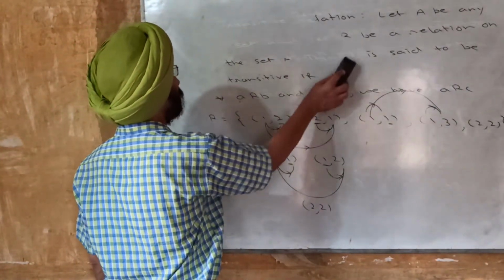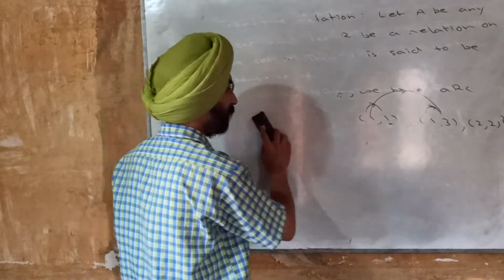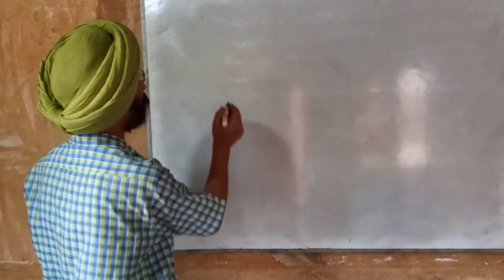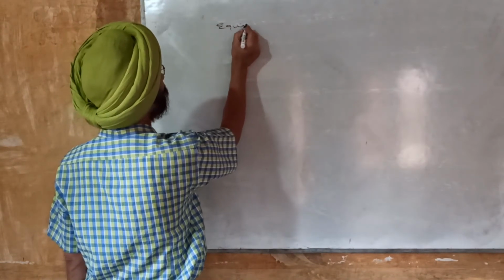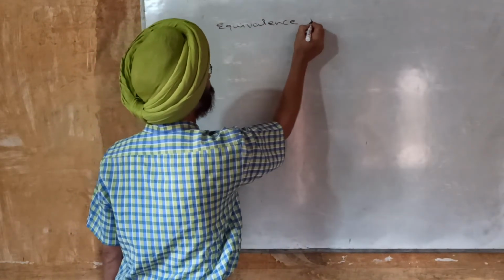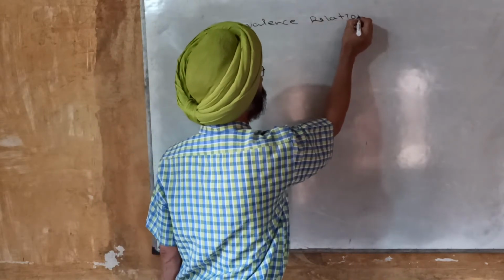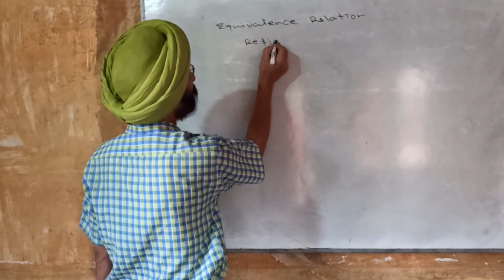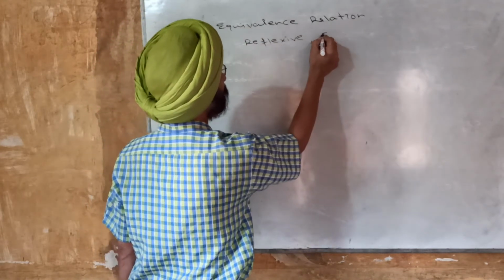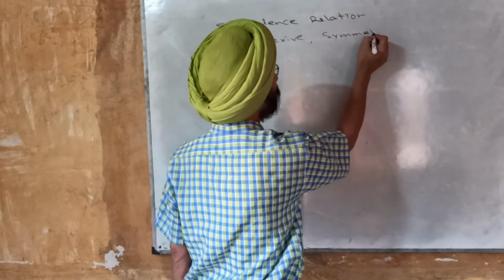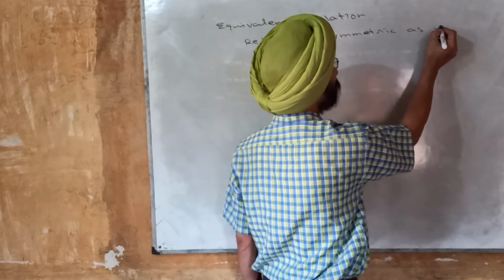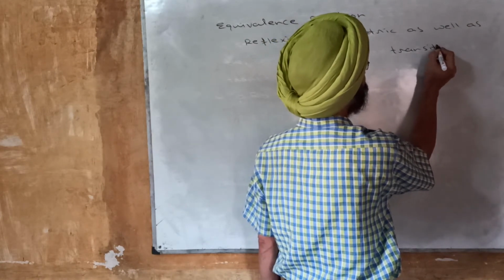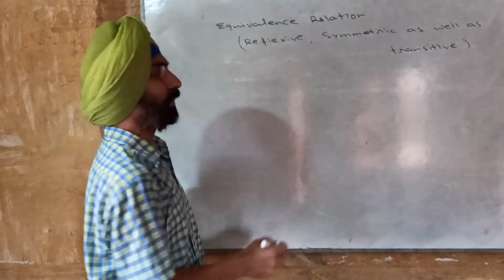Another important definition is here, the definition of equivalence relation. What is an equivalence relation? A relation which is reflexive, which is symmetric, as well as is transitive, is called an equivalence relation.